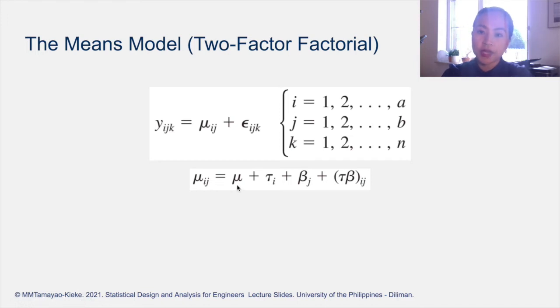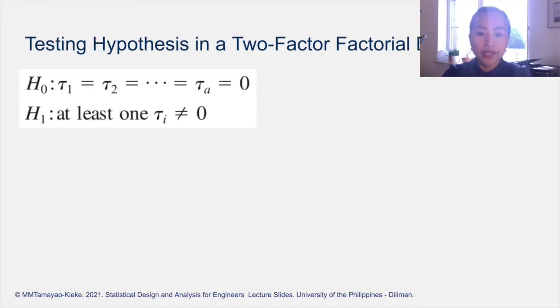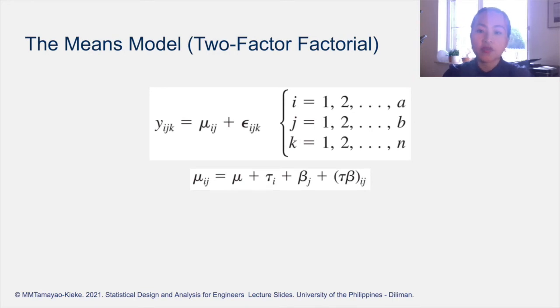Mu sub ij is the mean at level i for factor A and level j for factor B. And this is equal to mu plus tau sub i plus beta sub j plus tau beta sub ij. And of course, as illustrated earlier, the regression model can also be used when at least one of the factors is quantitative.